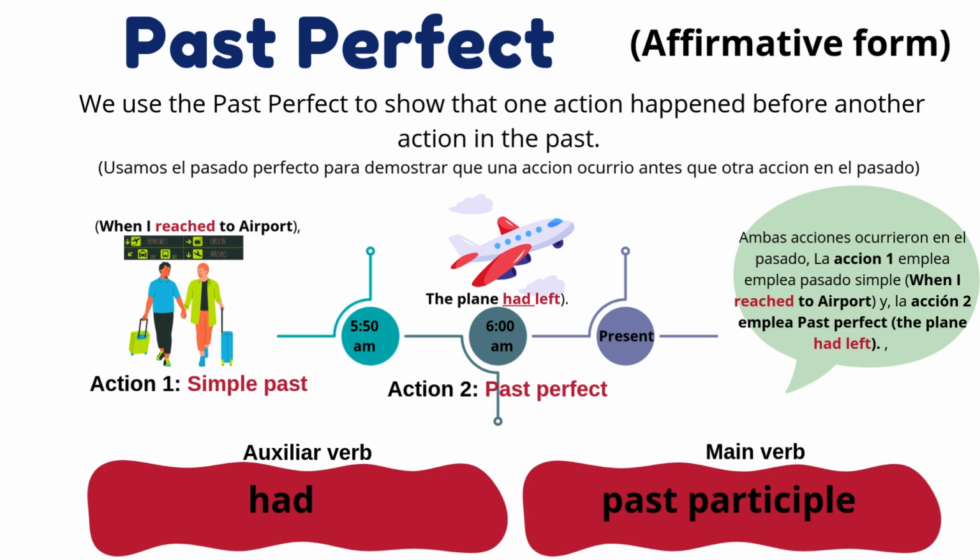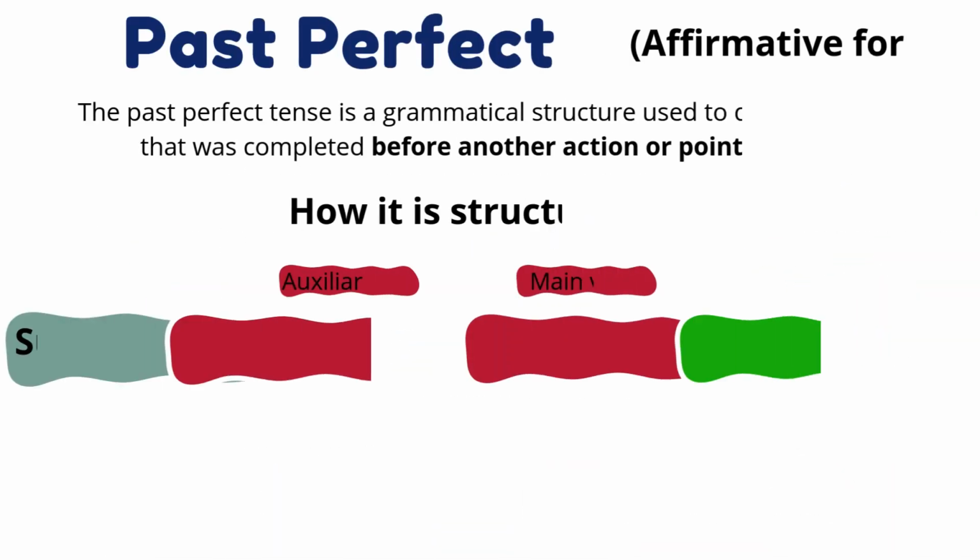My action 1 uses simple past tense, and my action 2 uses past perfect tense. Okay, check the grammar. You need an auxiliary verb in the past perfect, and after that, you need a main verb in past participle.